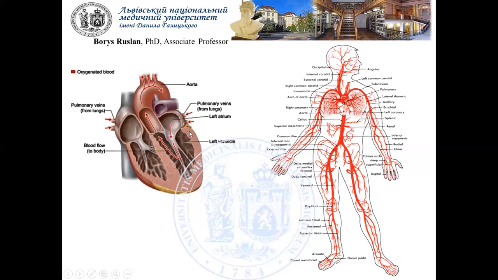The big circle starts from the left ventricle and through the valves of the aorta goes into the arch of the aorta. From the arch of the aorta start three vessels. The arch of the aorta goes downward, in the thoracic part it's the thoracic aorta, then the abdominal aorta, and in this region the common iliac, internal and external.